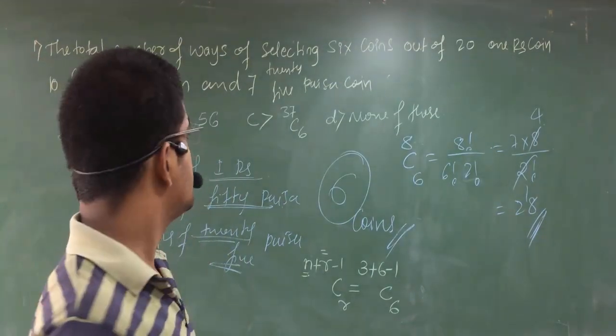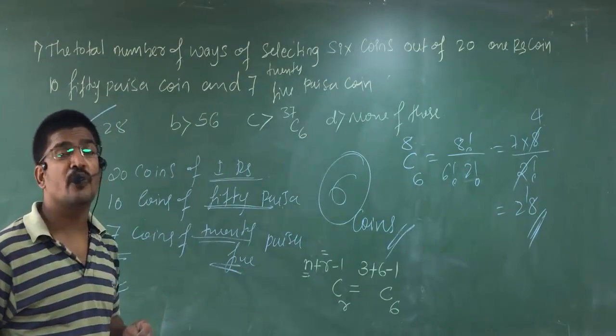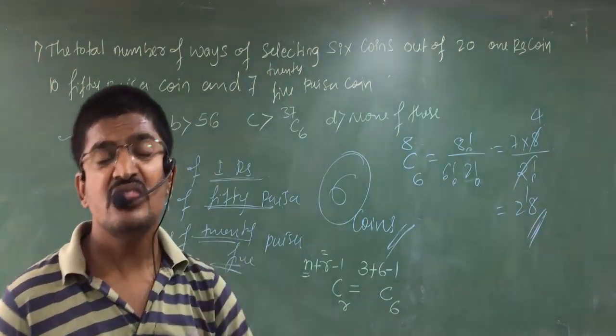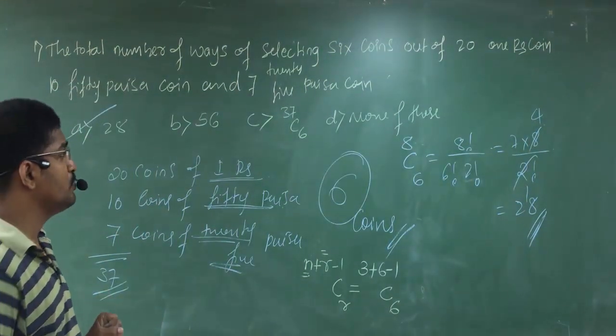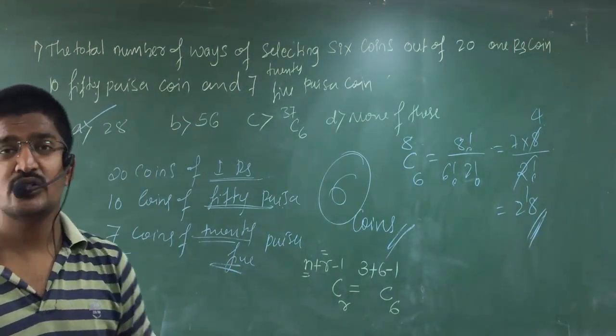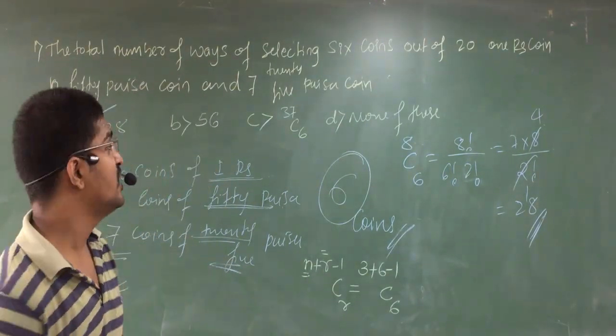Clear, students? So I think now you are clear with this type of combination with repetition. All these types of problems are very, very important for your exams. So try to solve more problems of this kind on your own. It will be very easy.